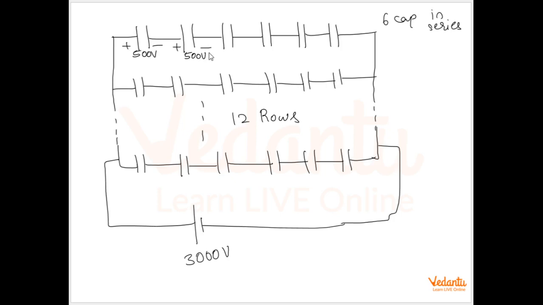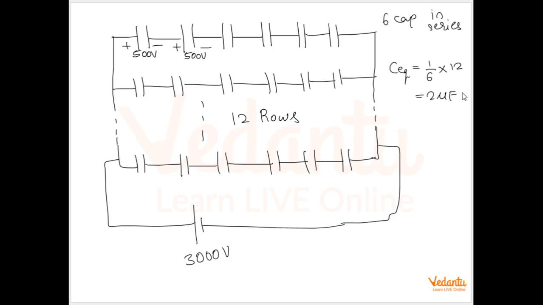And my dear bacha log, the C equivalent in this case will be the equivalent capacitance of one row multiplied by 12, that will be 2 microfarads. So this combination, beta, will work as a combination having equivalent capacitance of 2 microfarads and being able to handle 3000 volt potential difference.